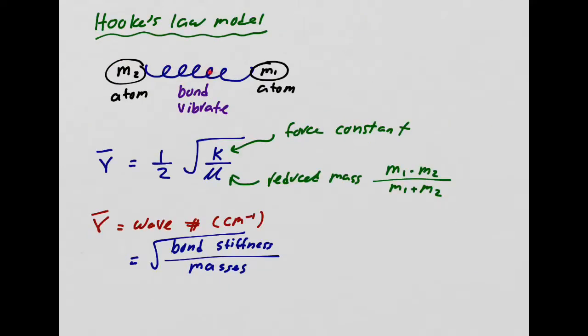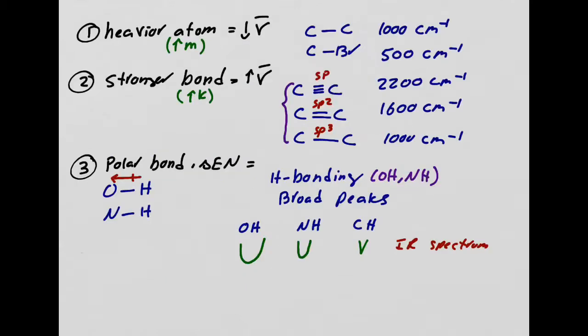Now, when this is vibrating, the nice thing about it is that different types of covalent bond are going to vibrate at different frequencies. So depending on the frequency you get a vibration, you can know what type of bond you have. This is the wave number, bond stiffness over masses. So if I have a higher mass, I have a lower wave number.